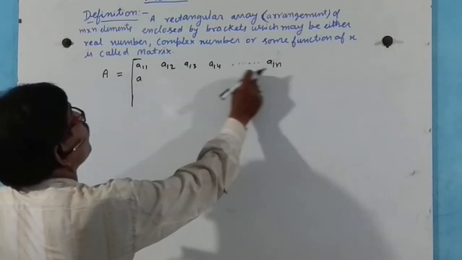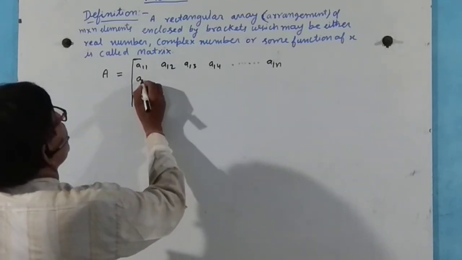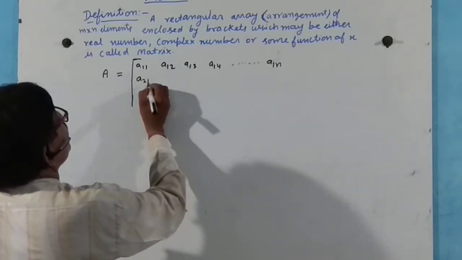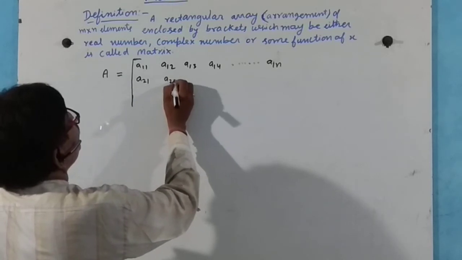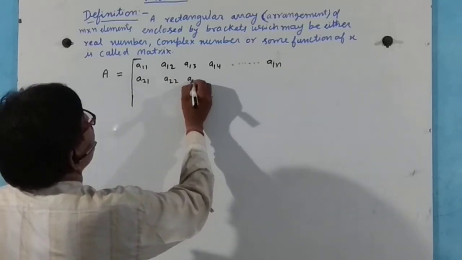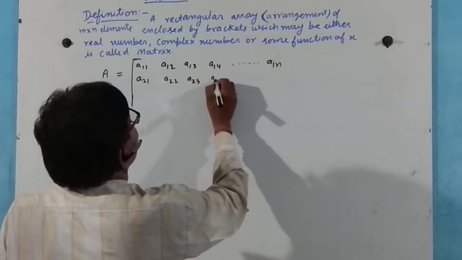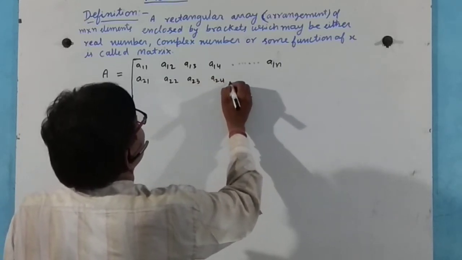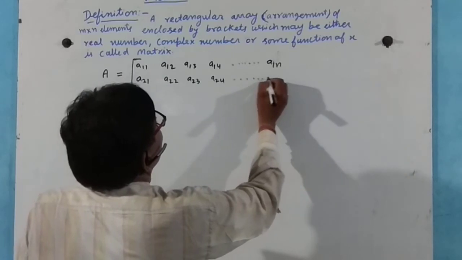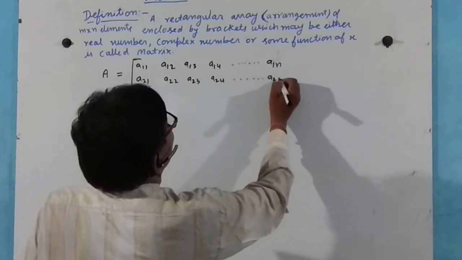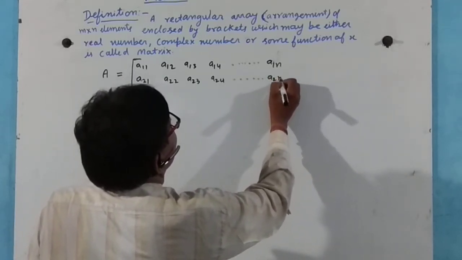This is the first row. This is the second row: A21, A22, A2 third column, second row fourth column, second row n column.